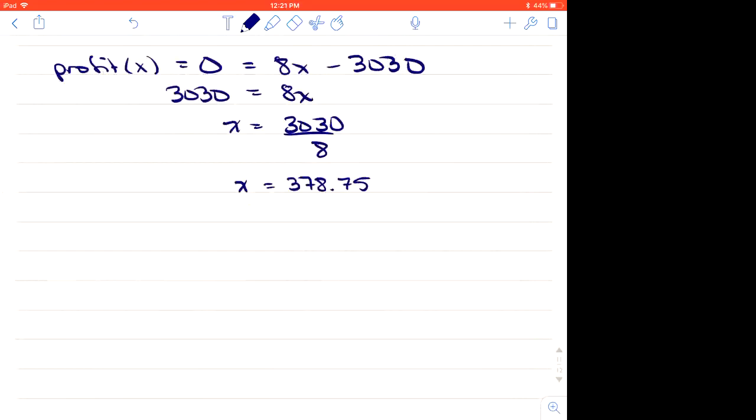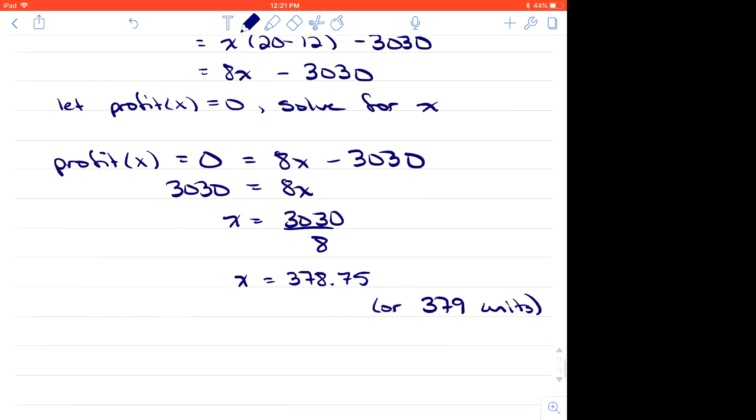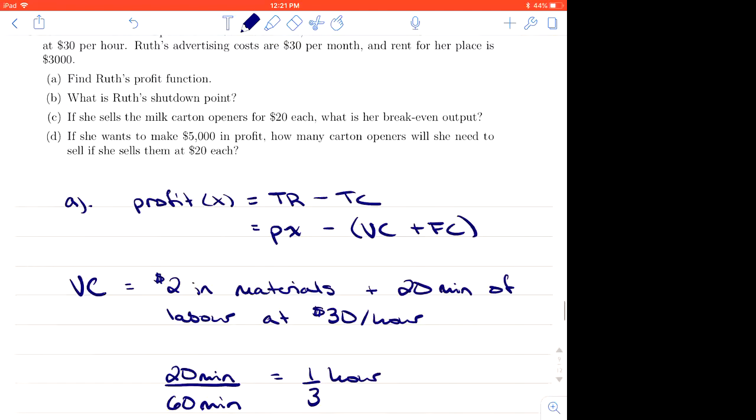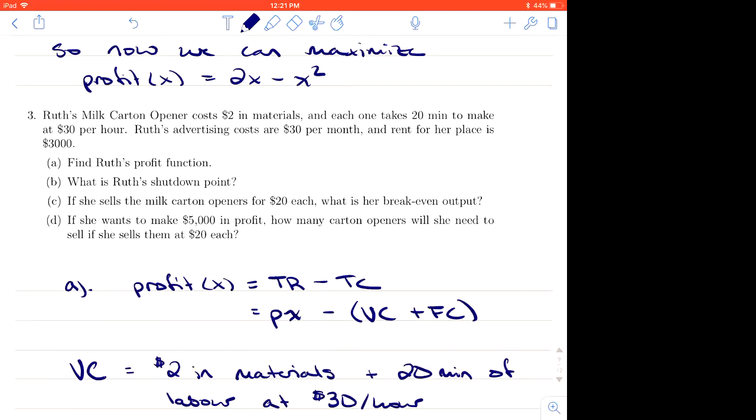We can't sell 0.75 of a carton opener, so we would say 4 units. At 3 we'd still be making a negative profit, at 4 now we're making a positive profit. So that was the question for that. It's just asking for the break-even output, so it's just asking to solve for X.